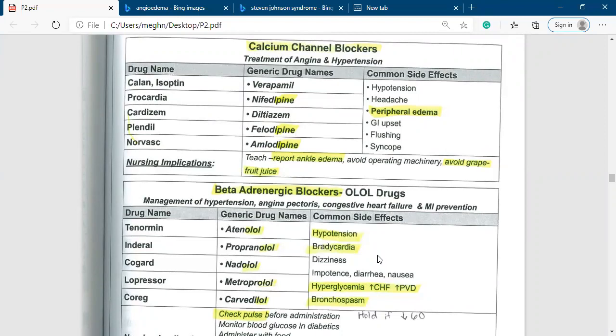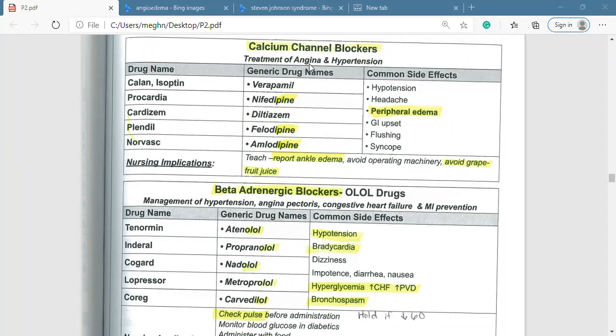Okay? As I told you, calcium channel blocker is the treatment for hypertension and angina. Angina basically is a symptom when the blood flow to the heart is reduced and the patient complains of severe pain. If angina is untreated, it leads to unstable angina.